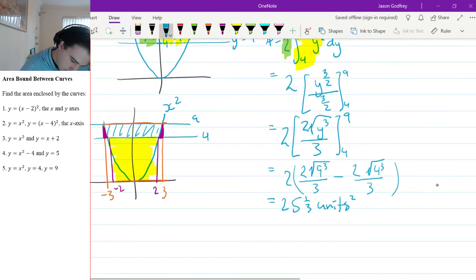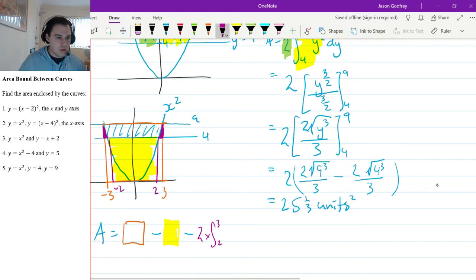Well, how can you find the area in blue? Well, you can do the big orange box minus the yellow box, and then subtract these two times these purple pieces, which will be an integral from 2 to 3.